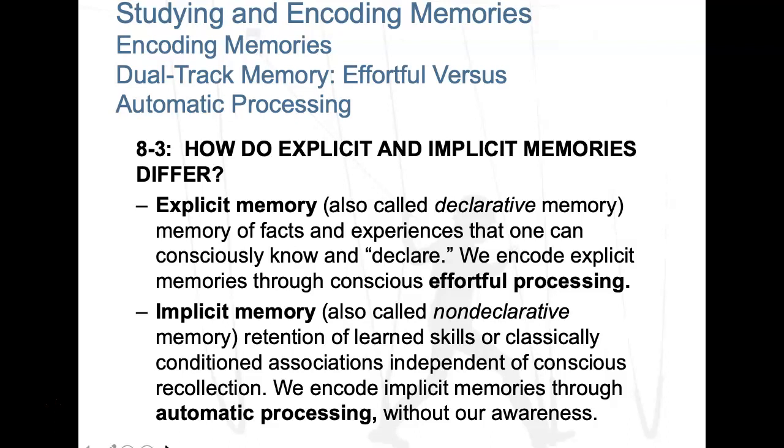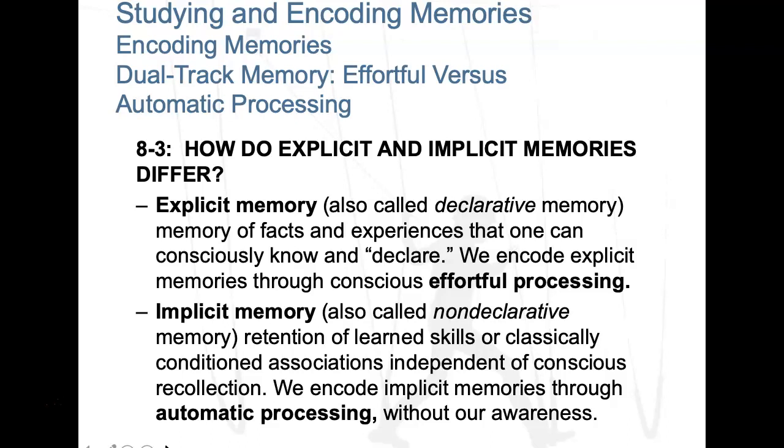The first president of the United States, order of operations, your alphabet, how to multiply, how to divide, how to perform addition, things of that nature, okay? That would be in our explicit memory. It comes to us just like that.